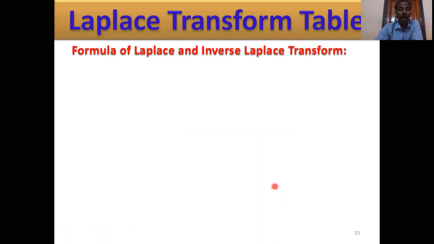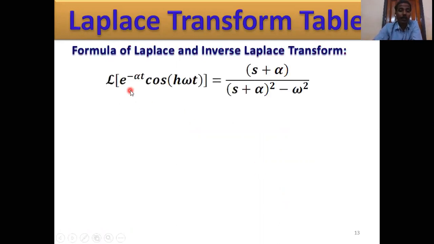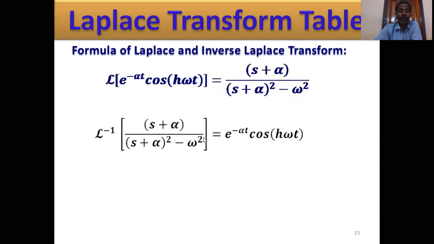Another formula: Laplace transform of e to the power minus alpha t cosh omega t equals s plus alpha divided by (s plus alpha) whole square minus omega square. And inverse Laplace of s plus alpha divided by (s plus alpha) whole square minus omega square equals e to the power minus alpha t cosh omega t.